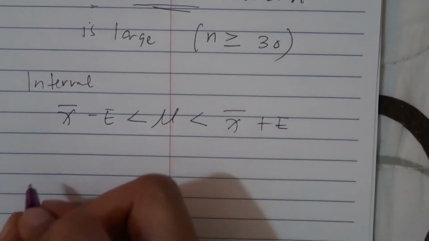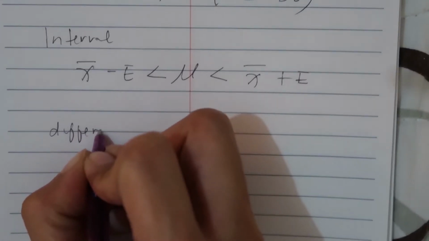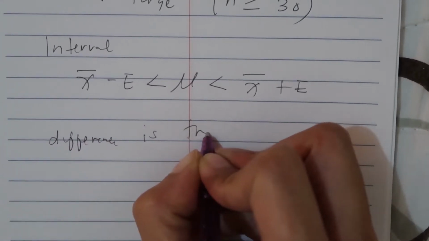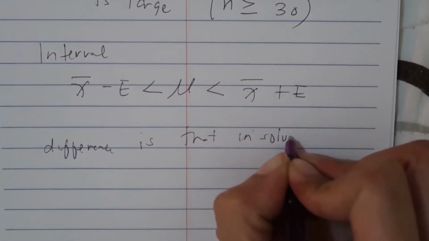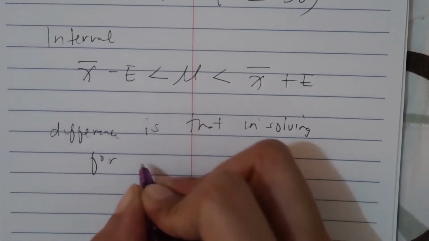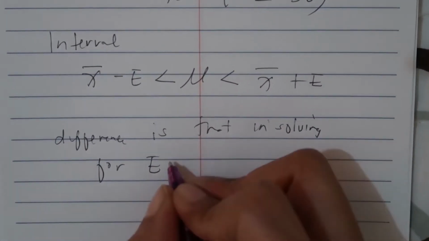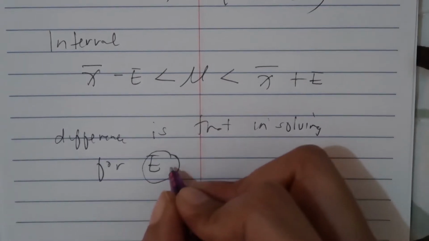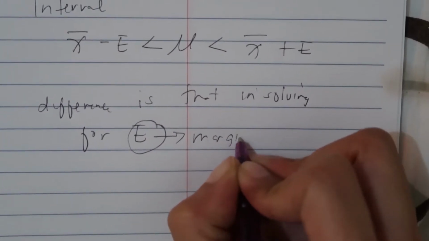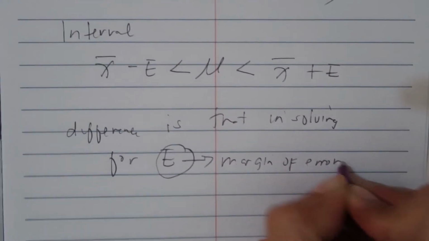of error, but less than the sample mean plus the margin of error. The only difference is in solving for the margin of error, E. E here refers to the margin of error.